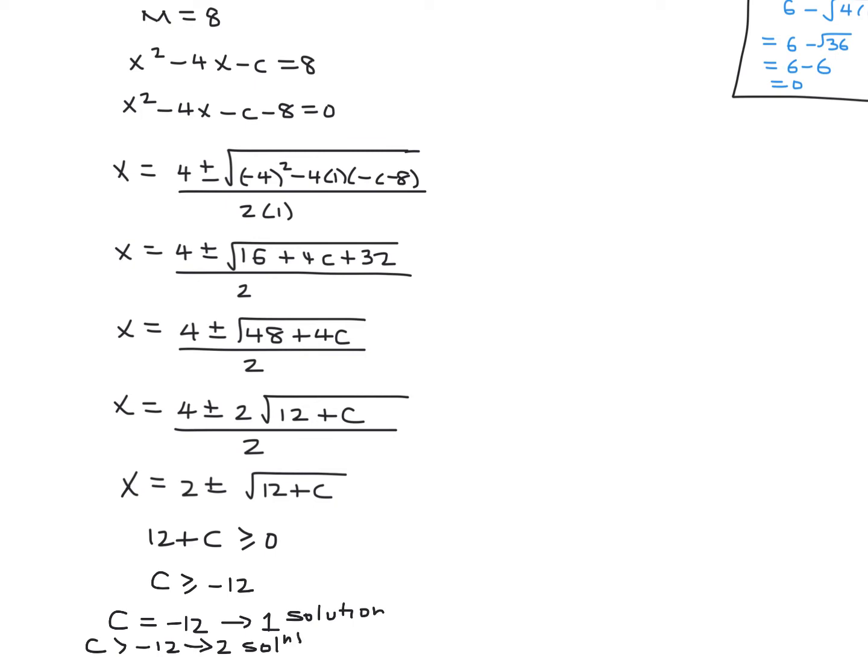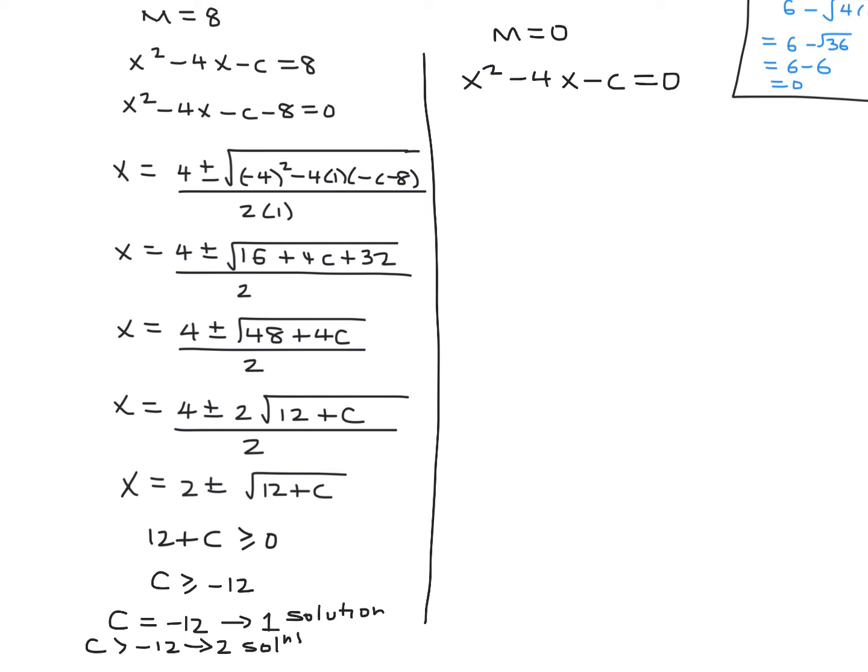Okay, all right, great. So we took care of when m was equal to 8. Now we have to do the other one. If you recall, it was m equals 0. So same kind of story. So this time x squared minus 4x minus c is equal to 0.